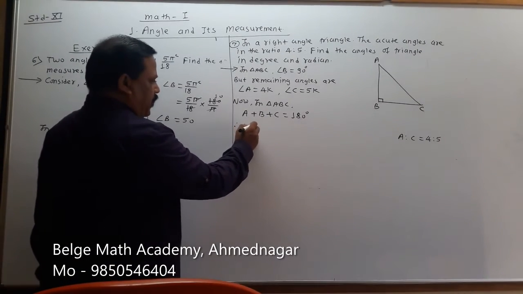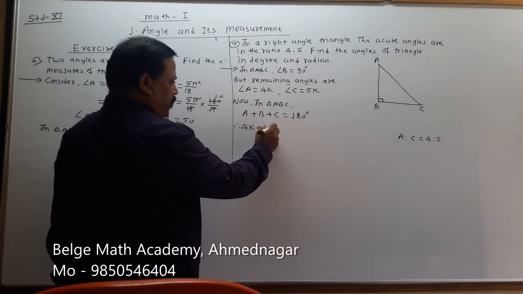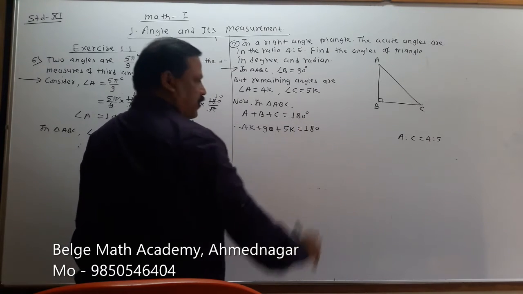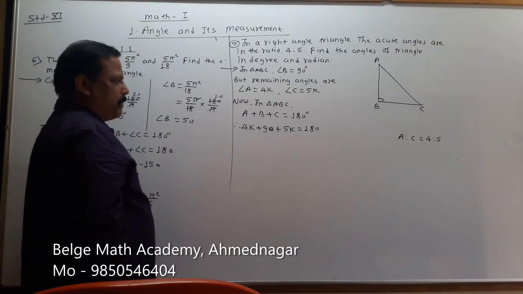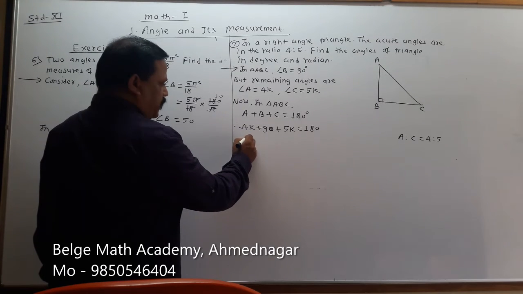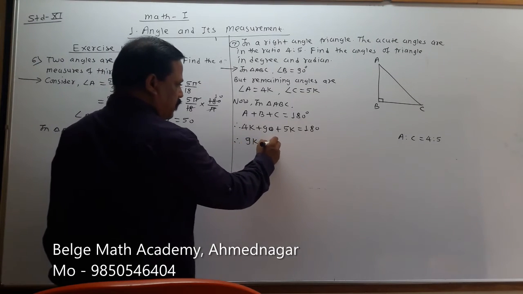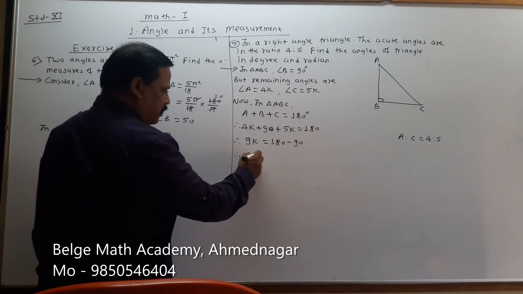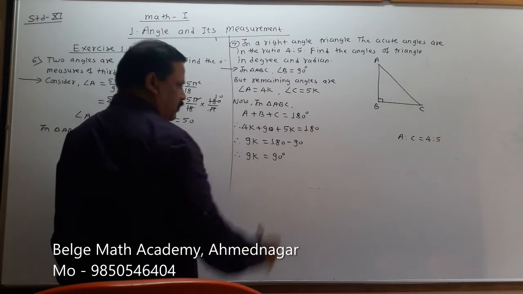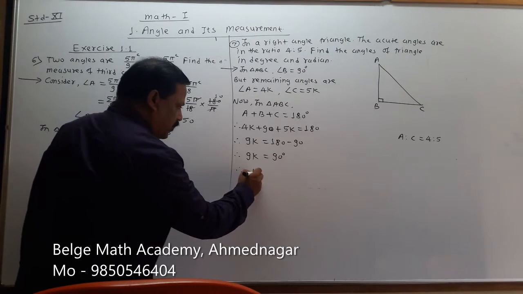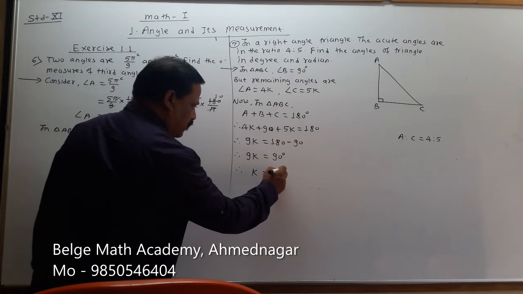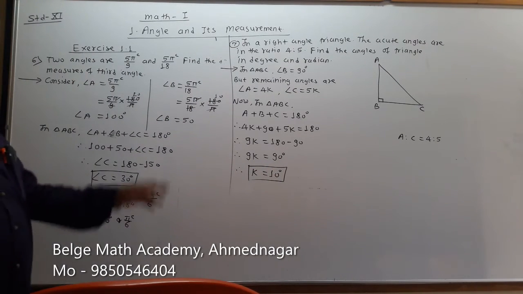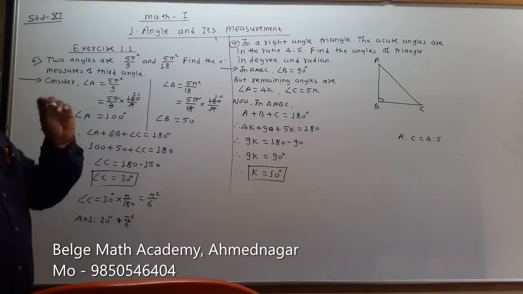Now A is 4K, B is 90 degrees because it is a right angle triangle, C is 5K, equal to 180. 4K plus 5K, that is 9K, equals 180 minus 90. Therefore, K is equal to 90 upon 9. Division is 10.